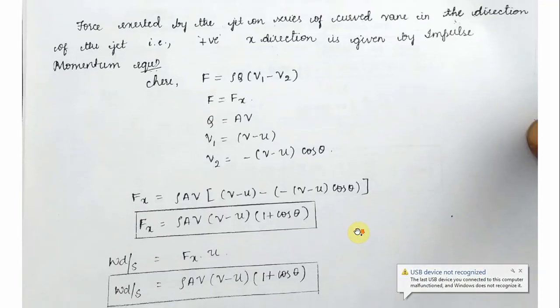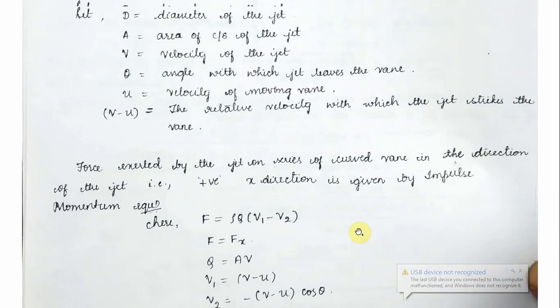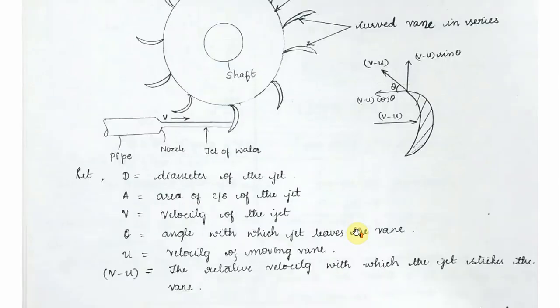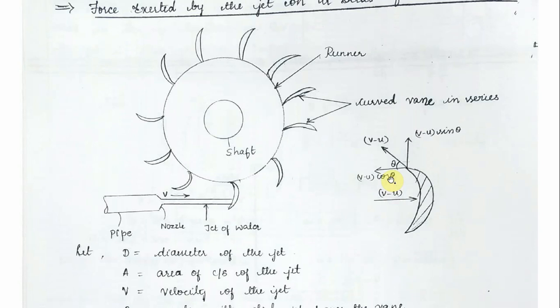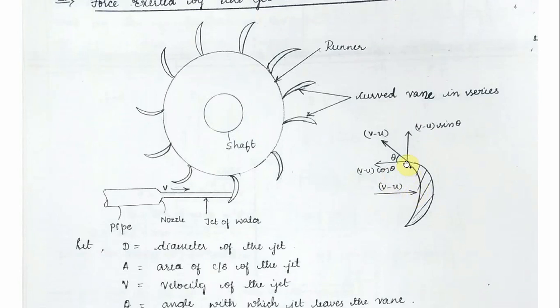From this figure we can observe that this is the curved vane, as in the previous session. In that session there was only V here.